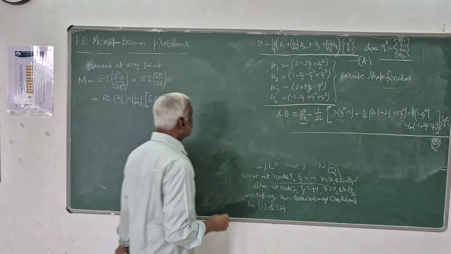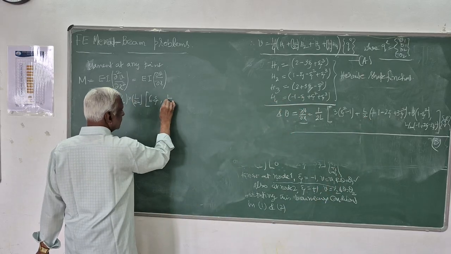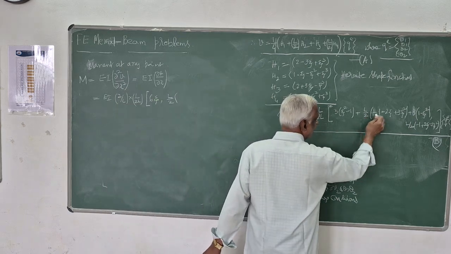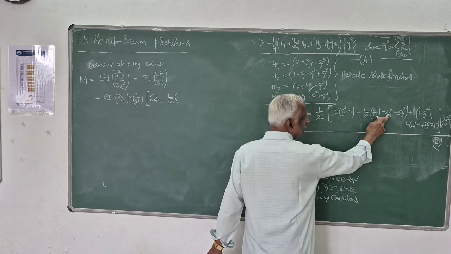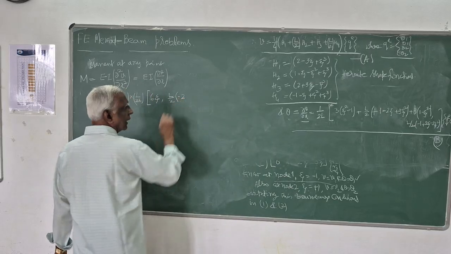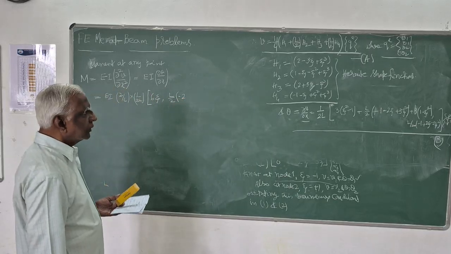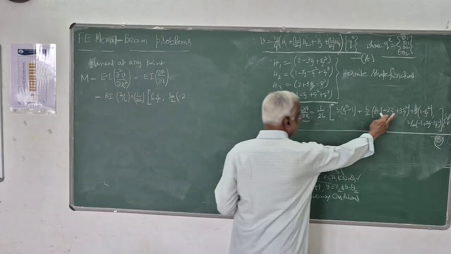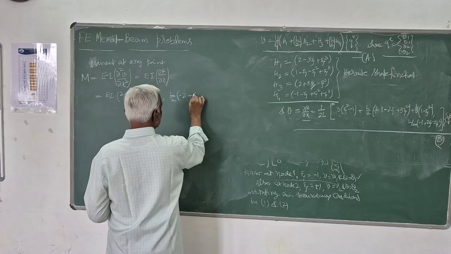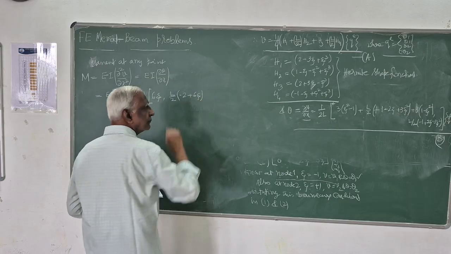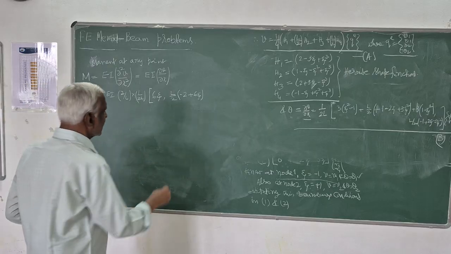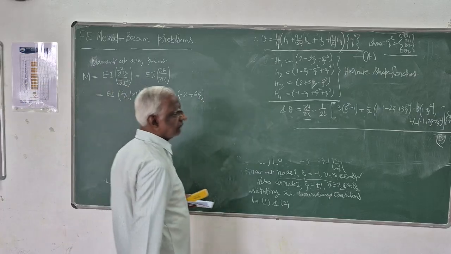Then this is L by 2 into this, taking partially, this will be 0, this will be minus 2, L by 2 minus 2, this will be 6z plus 6z, minus 2 plus 6z. That is the second one.